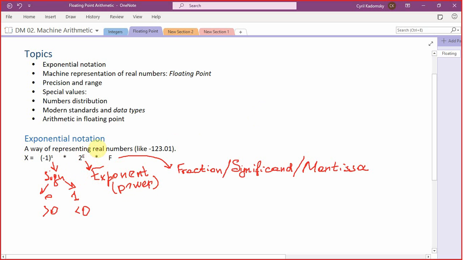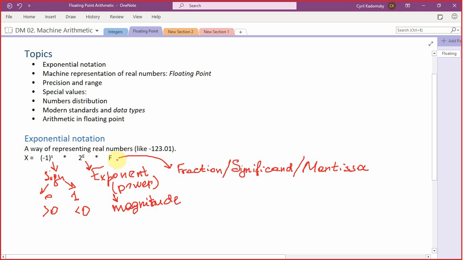So this exponent defines the magnitude of x. The bigger the power, our x is bigger, of course.